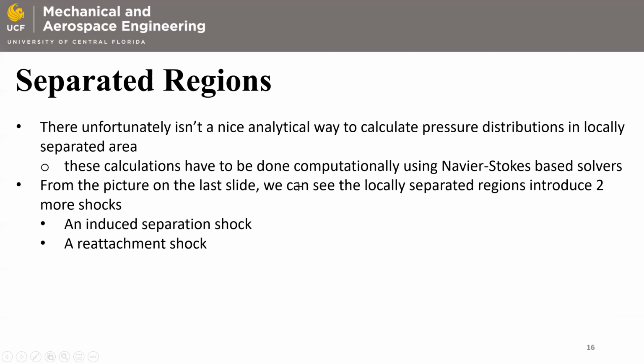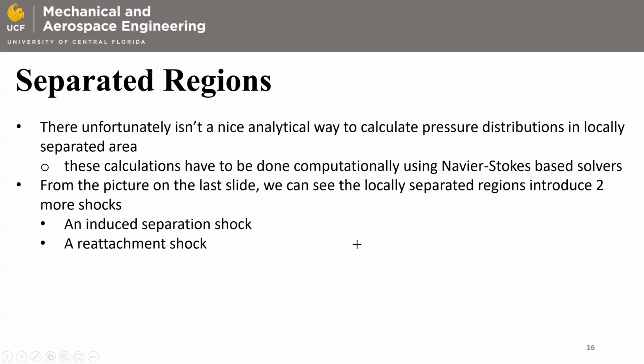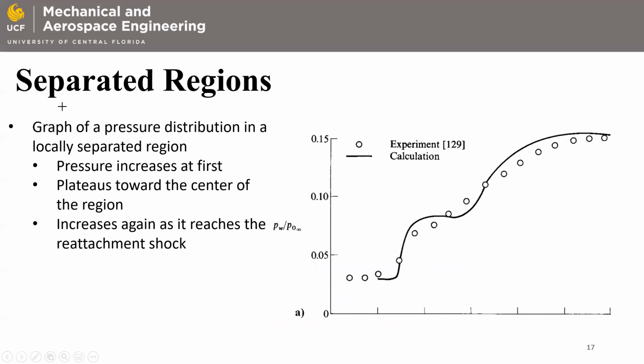But from the picture on the last slide, we can see the locally separated region causes two more shocks to form. We have the induced separation shock wave and the reattachment shock wave, and that definitely affects the pressure distribution along here. And this is from the High Speed Gas Dynamics book by Anderson.